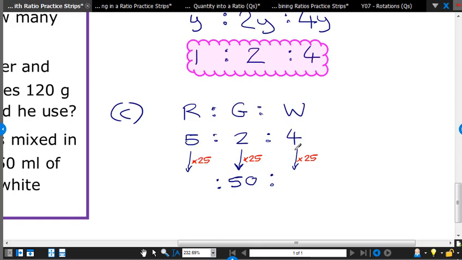Okay, let's do the easy one first. 4 times 25. I understand some of these might not be obvious to you, but the more you do maths, the more obvious this becomes. So 4 times 25 is 100. If you think 4 times 20 is 80. 4 times 5 is 20. 80 plus 20 is 100. 5 times 25, well, we know that 4 25s are 100.